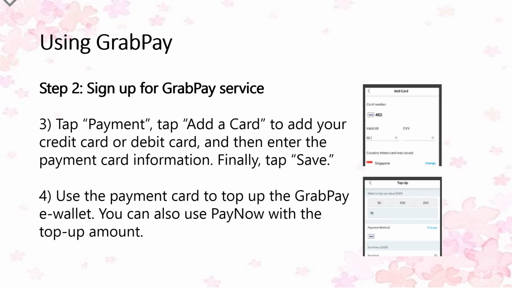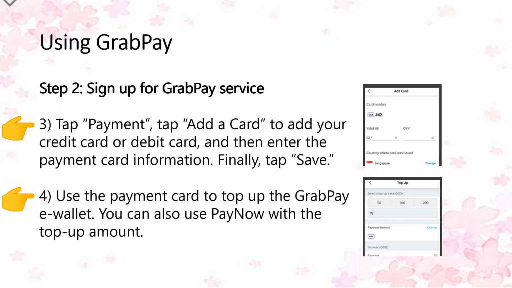Having set up your Grab account, it is time to link the app to your various payment modes. The most common method is via your credit or debit card. To set up your card, first tap Payment, then tap Add a card. Enter your credit or debit card information before tapping Save.